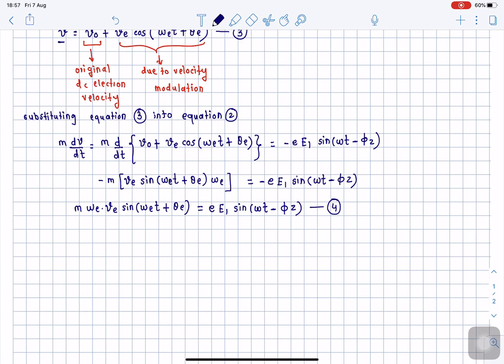After this we will simplify it further. For the proper interaction that we want to take place between the electron and the electric axial field, the velocity of the velocity modulated electron beam is approximately equal to the DC electron beam velocity.